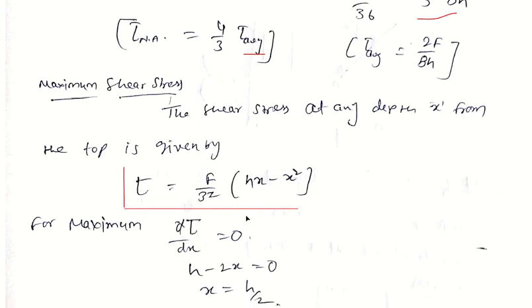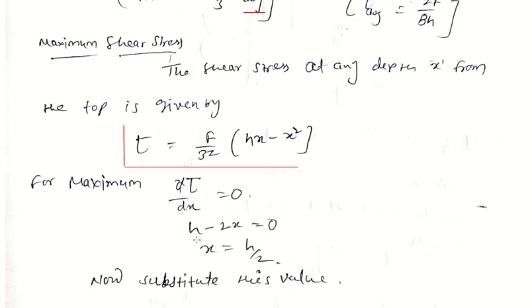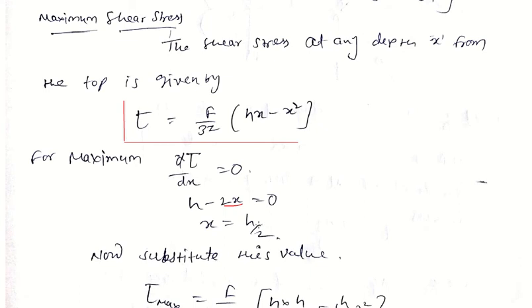Now for the maximum condition, we differentiate this equation with respect to x and equate it to 0. So differentiating with respect to x, h x gives h, and x square gives 2x. So here x equals h by 2.